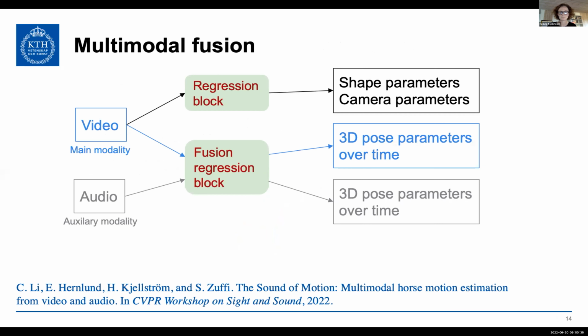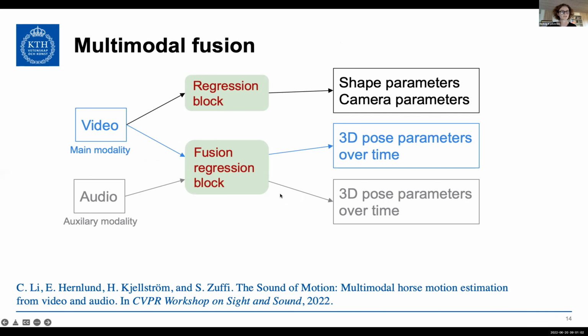Yes, so we have a paper in a workshop yesterday at CVPR, and I refer to this paper for the details. But the gist of our work is that we have a fusion regression block with a neural network that fuses video and audio.